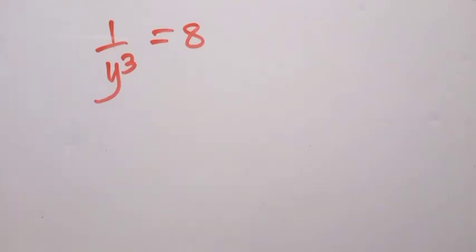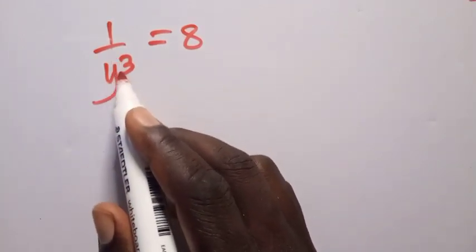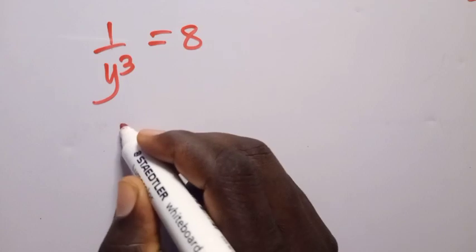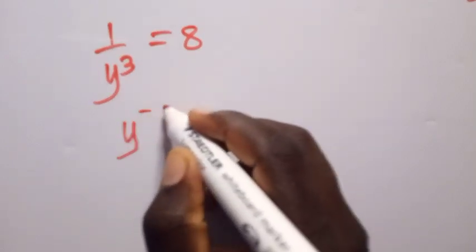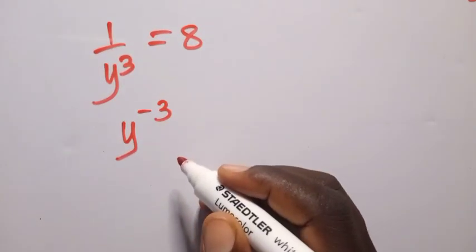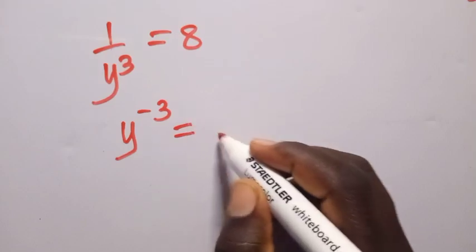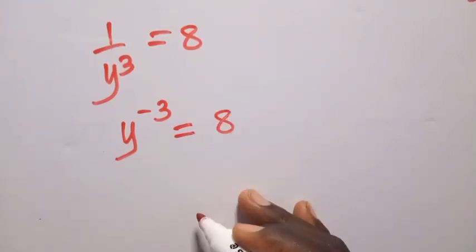Since we have 1 over y cubed equals 8, 1 over y cubed can be written as y raised to negative 3, which is the same as 8.